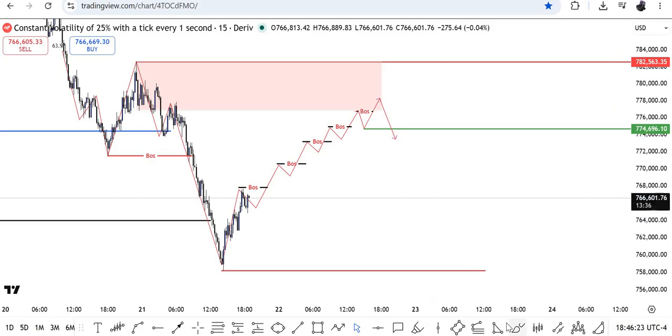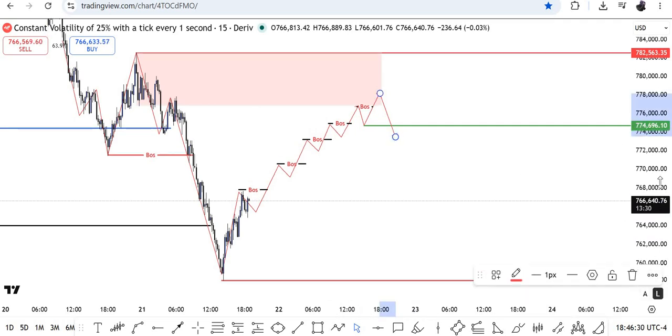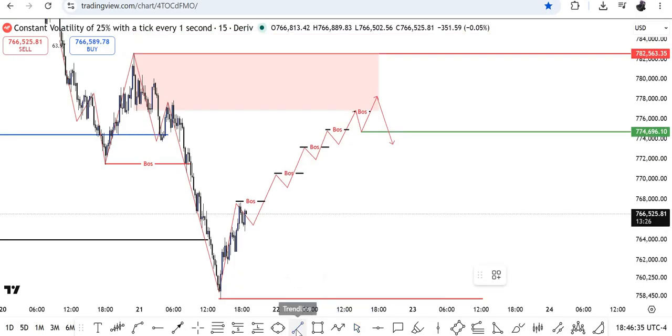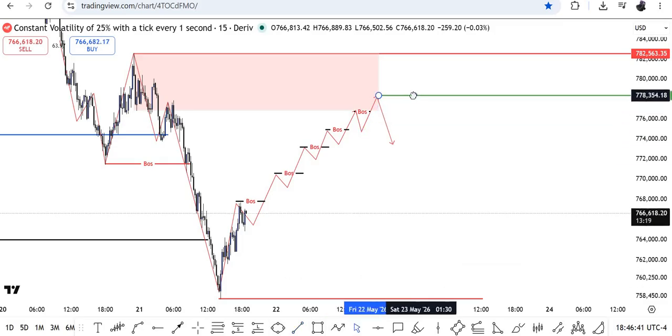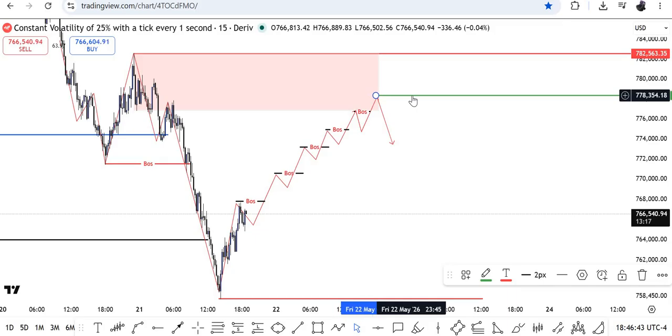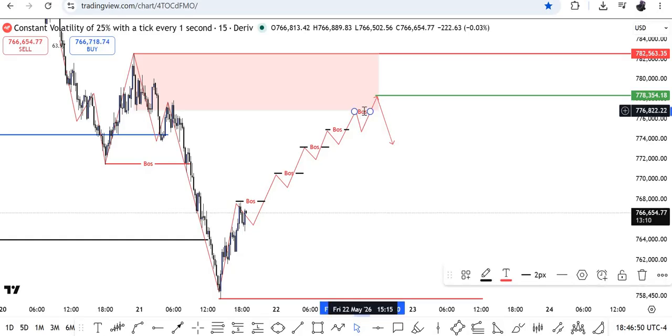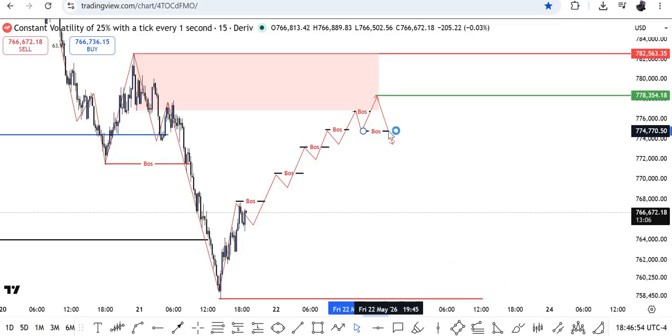So once we see a break below this level right here, we're going to now focus on a new range. So now we can move this line and put it at the top, and then we establish our market structure shift for that retracement.